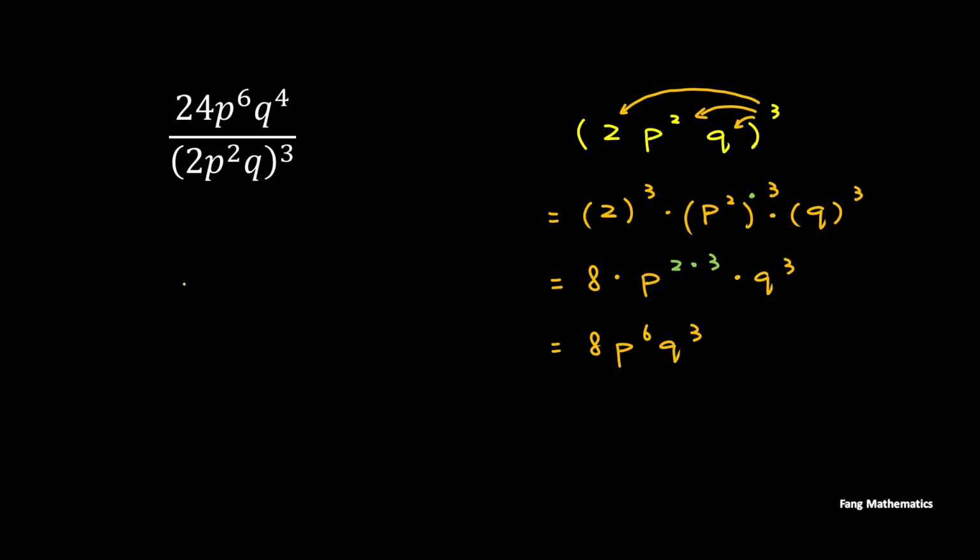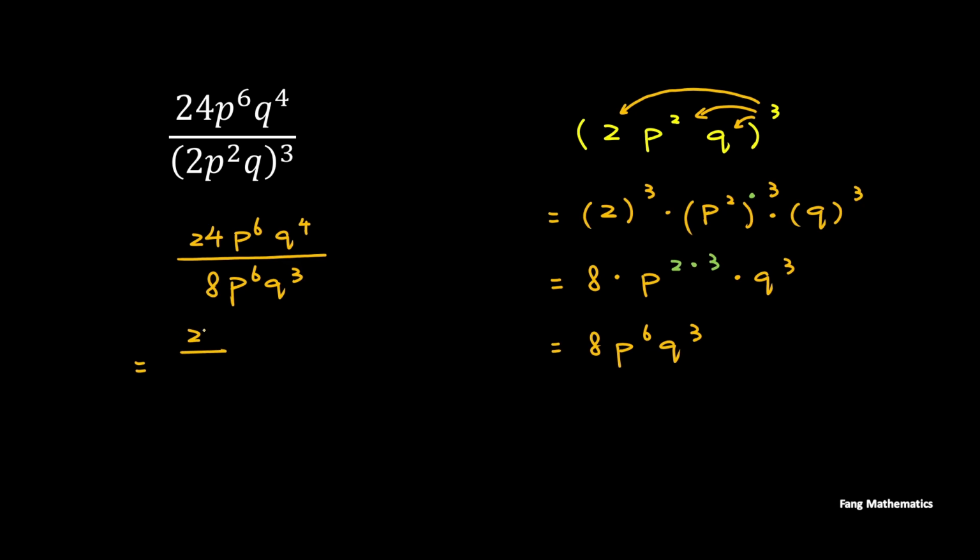And now we are to rewrite our denominator in terms of the ones we simplified. So you have 8 p to the power of 6 q cubed. On the numerator, just put whatever was there, remain unchanged. And the next step, you are to separate the components, numbers to numbers.